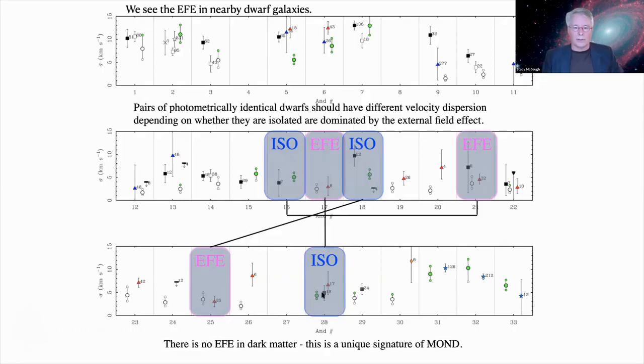And you can see that difference. It's most clear in this case, but you can see it over and over again. And that's important because this external field effect is unique to MOND. It has no corresponding thing in dark matter. It's just a unique prediction of MOND. MOND predicts this, it should be there, it apparently is there, and we have no good way of explaining that in dark matter.